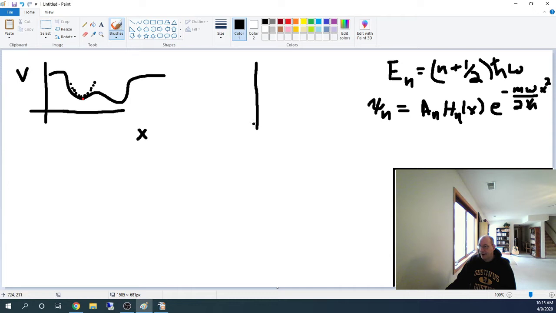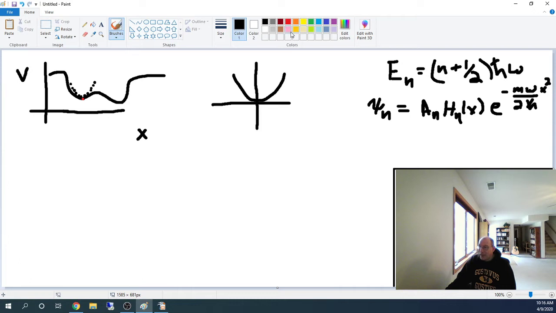If I were to draw it, that's 1/2 m omega squared x squared. That looks like a parabola. This is the actual harmonic oscillator potential, and that dashed line there kind of looks like it.